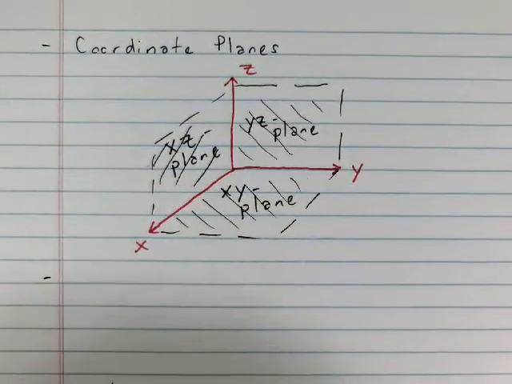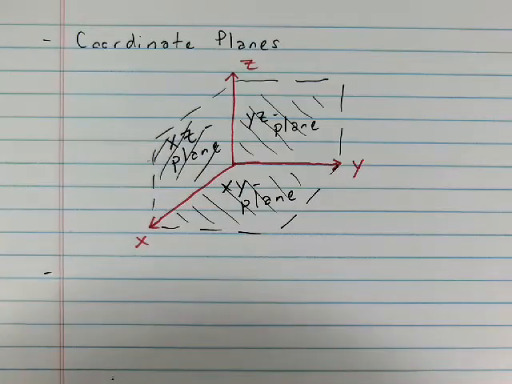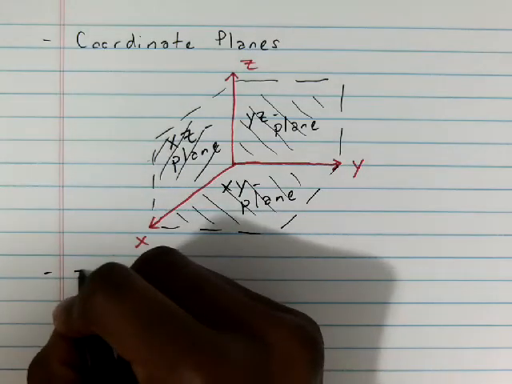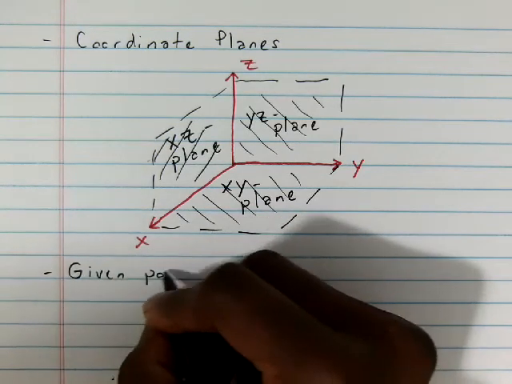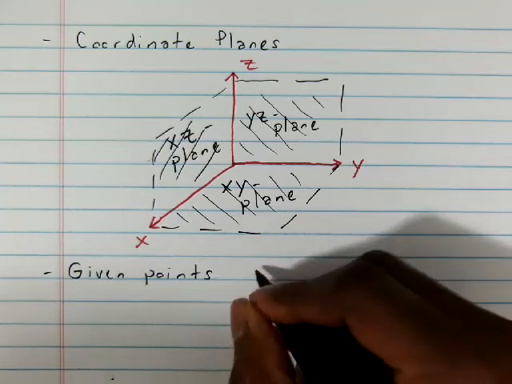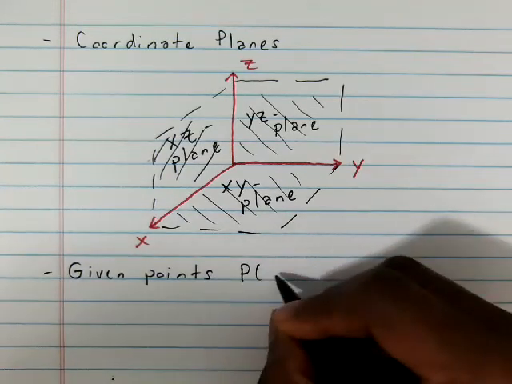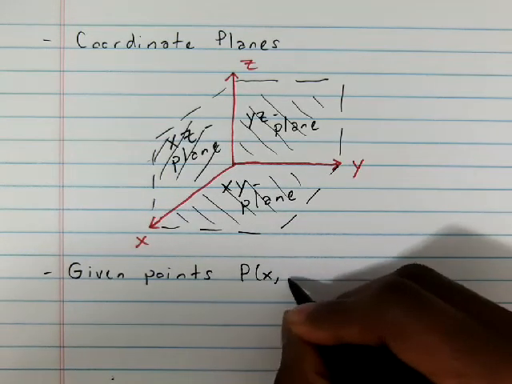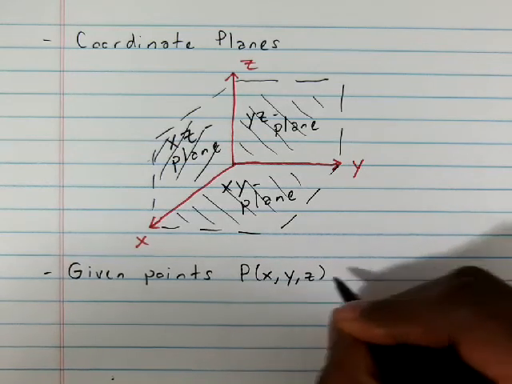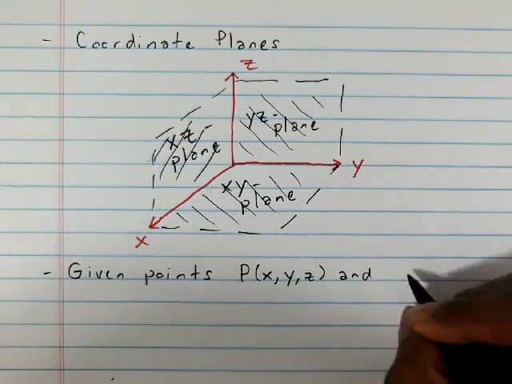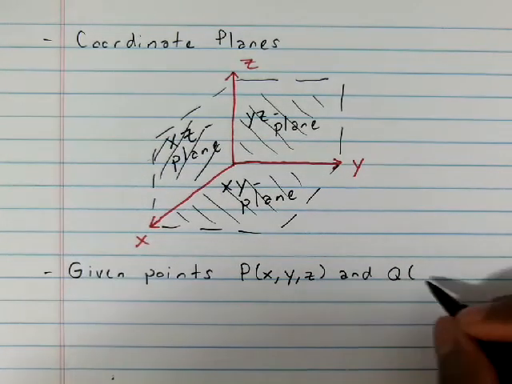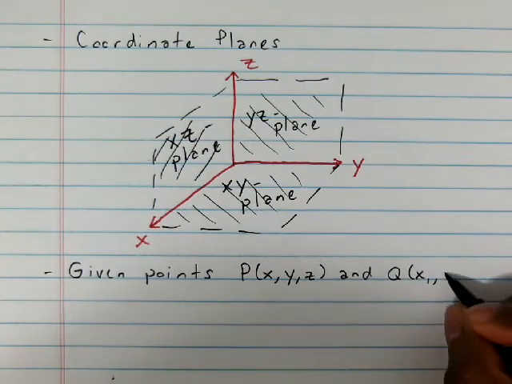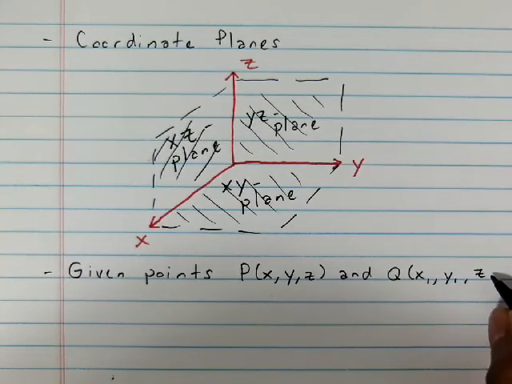Next, we'll talk about the distance between 2 points in 3 dimensions, or in space. So given points P with coordinates x, y, z, and Q with coordinates, and we'll use a different notation to differentiate from these coordinates, we'll call them x1, y1, and z1.